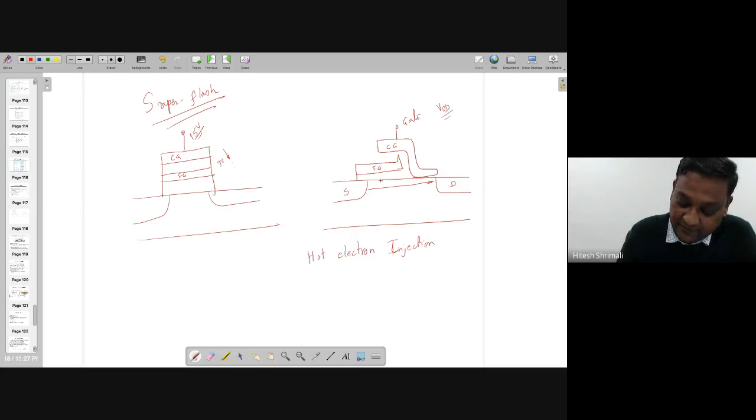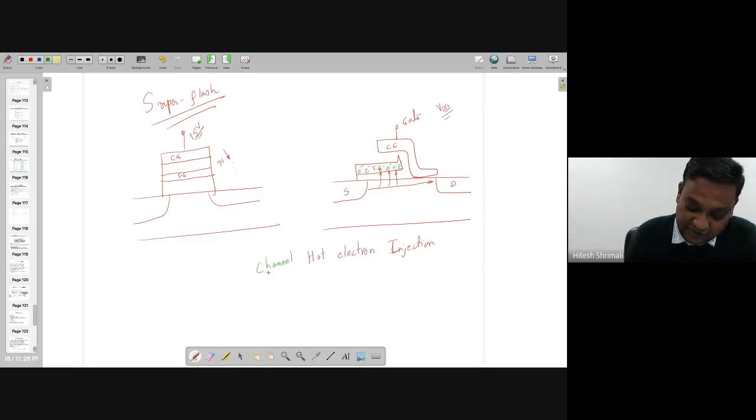After applying more voltage, these electrons will try to get trapped at this floating gate, right? If it is trapped, this is known as channel hot electron injection.